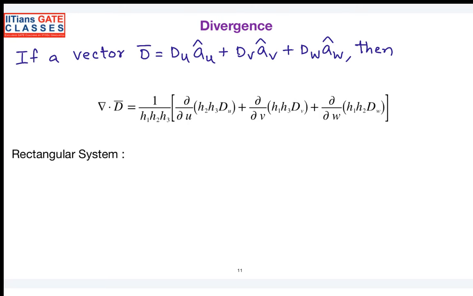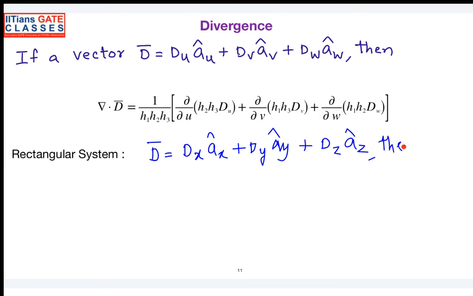Then what will happen to the divergence? Please write down the divergence. Replace h1, h2, h3 with the multipliers 1, 1, 1, and instead of du, dv, and dw, what are the coefficients that exist here? Dx, Dy, and Dz. So please take time and try to write down the expression for del dot D.